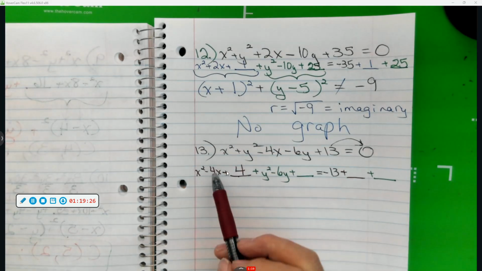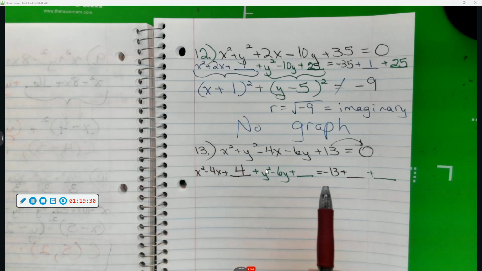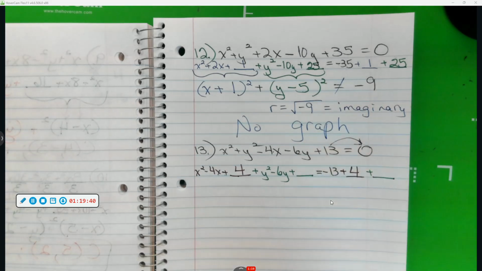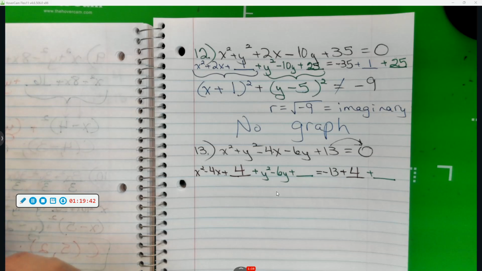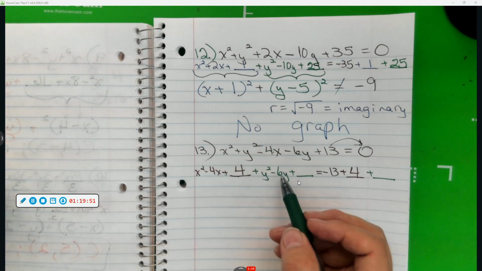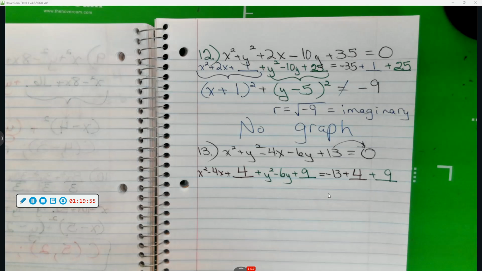She took 4 divided by 2 is 2, 2 squared is 4. Okay, here, what's going to go in? Oh, wait a minute. There's something else I need to do with that 4. That's why I used to write it like this. Okay, you see, I got to remember to do that for next semester. Here, okay, 6 divided by 2 is 3. 3 times 3 is 9. There and there.